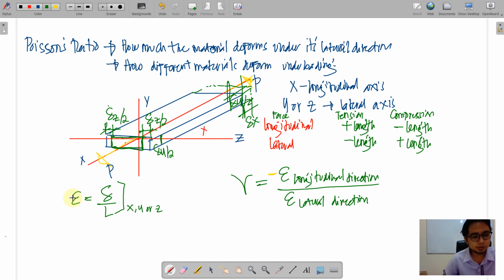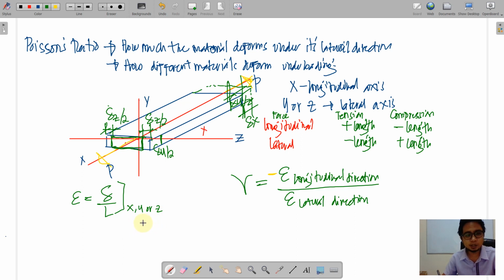So strain or epsilon here, epsilon could be x. So there is a corresponding deformation along x and a corresponding lx. Okay, same true with y. Strain at y, deformation at y, and ly, same true with z.